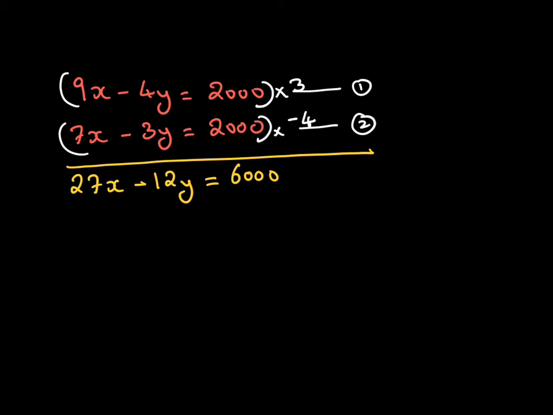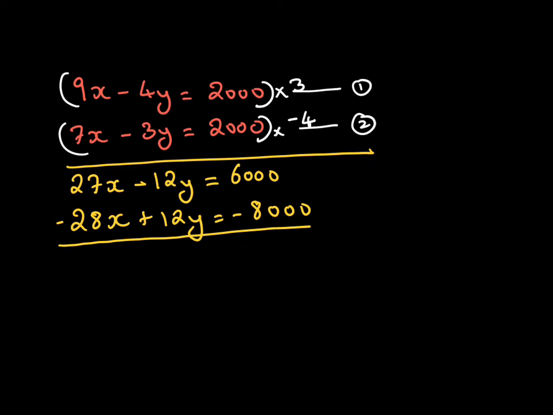And our second equation now becomes 7x times -4 is -28x, -3y times -4 is plus 12y, equal to 2000 times -4 is -8000. Now we add the two equations.